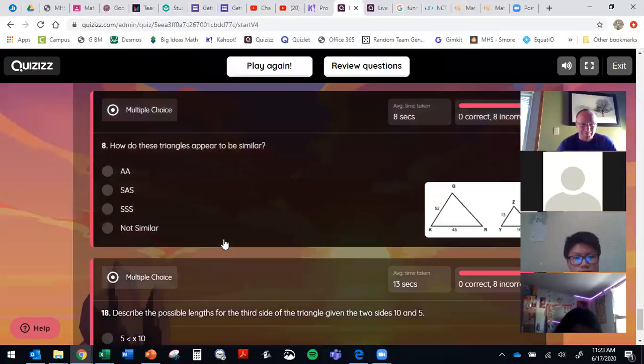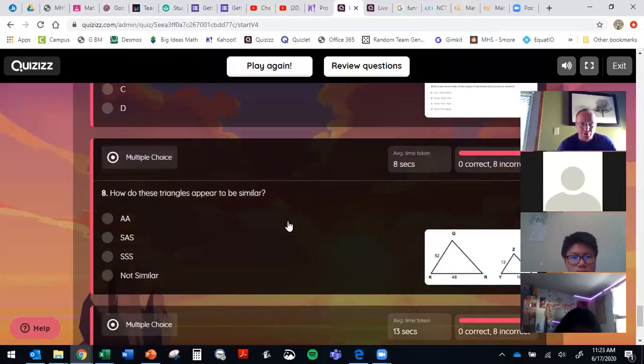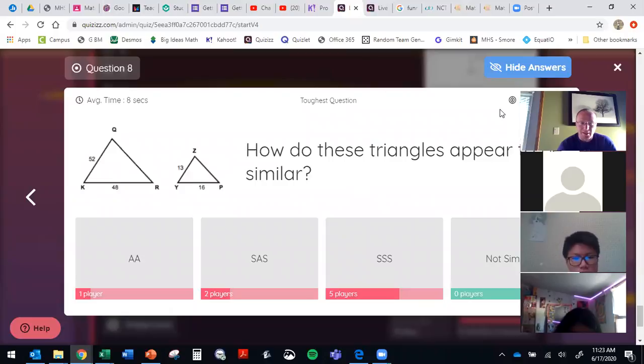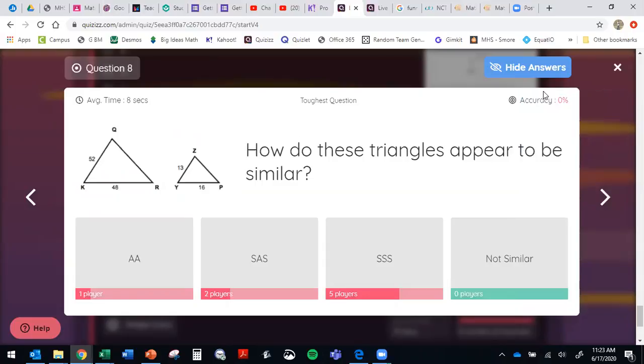All right, then the next one, it says, how do these triangles appear to be similar? We can only make determinations in terms of what we're given. We can't assume anything about geometric figures. So if it's not specifically marked or listed, then we can't say anything.